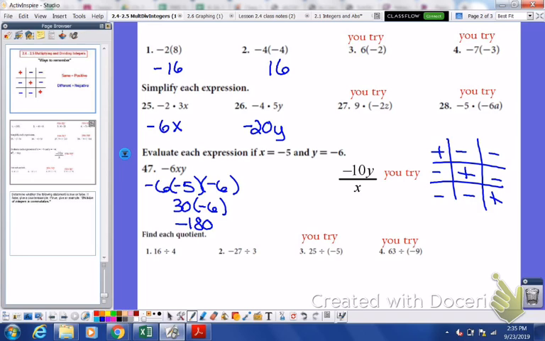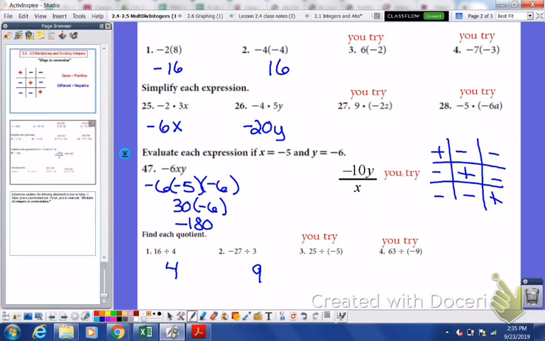Okay, finding each quotient. We're working with division now. 16 divided by 4. Hopefully we don't mess this up. This is nothing new. Both positive, so it's a 4. Number 2, negative 27 divided by 3. Well, I know that a positive 27 divided by 3 is 9. And our division rules work the same as our multiplication rules. So we come back over here.